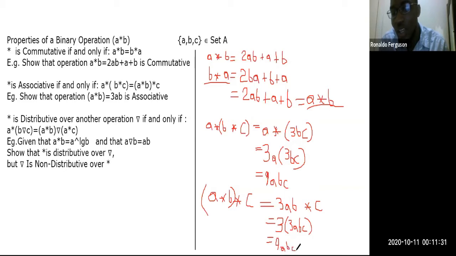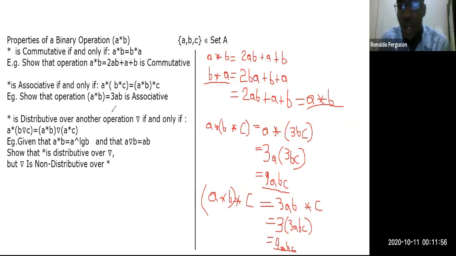And so what we can conclude then is A star B star C is equal to 9ABC, and A star B star C is 9ABC. And so we've clearly shown that A star B star C is equal to A star B star C. So the order does not matter, and so star is associative.